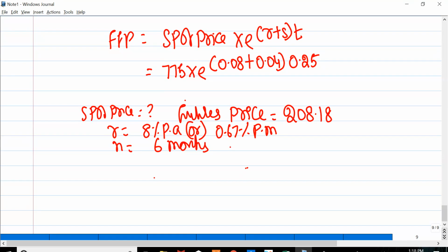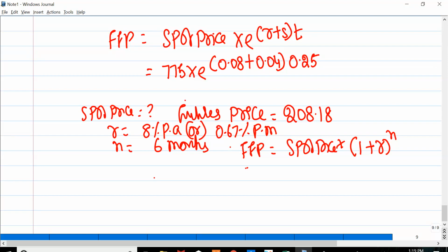Any doubts in this? Fair futures price is equal to spot price into 1 plus R the whole power N. It's not into e power RT. E power RT is for continuous.